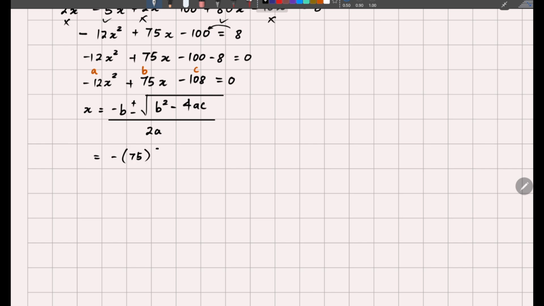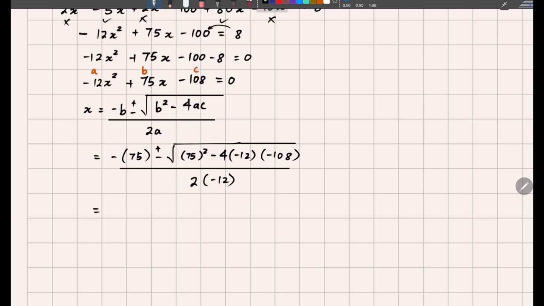Okay, x equals 75 plus or minus the square root of b squared, which is 75 squared, minus 4 times a, minus 12, and c, minus 108, all over 2a, minus 12. Let's check those answers out.